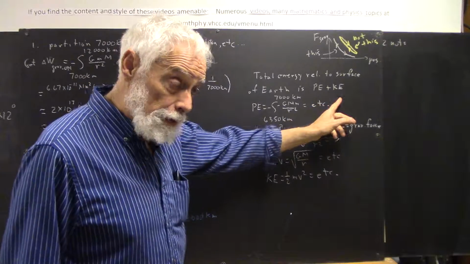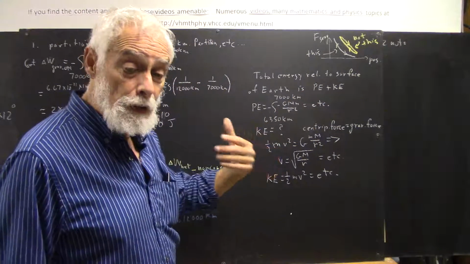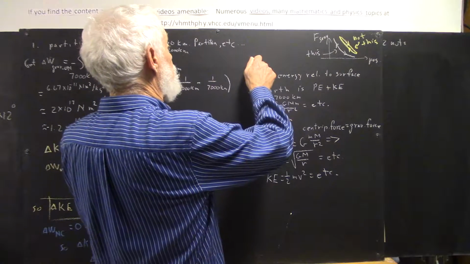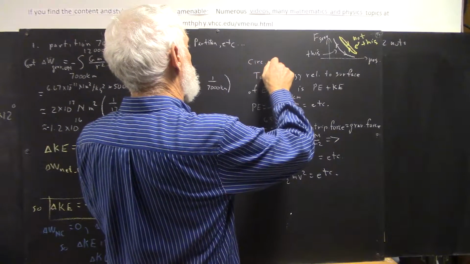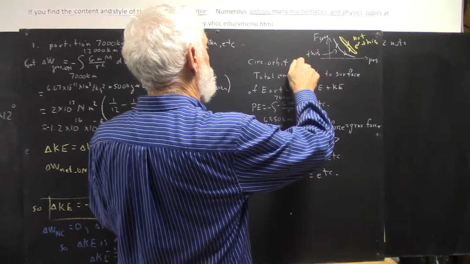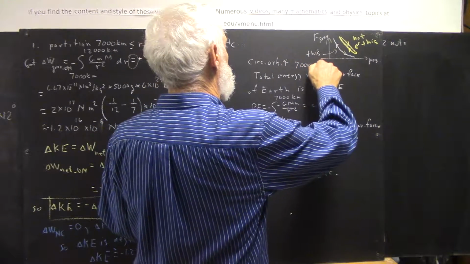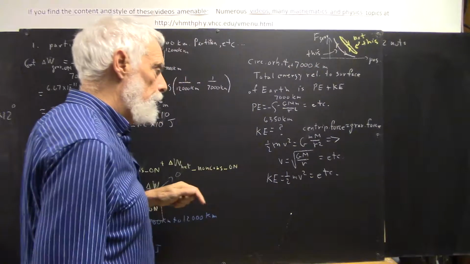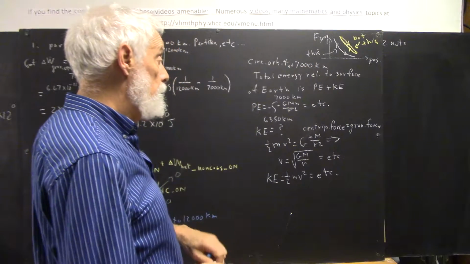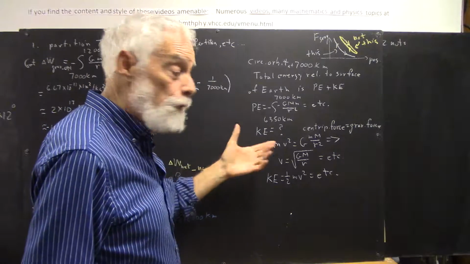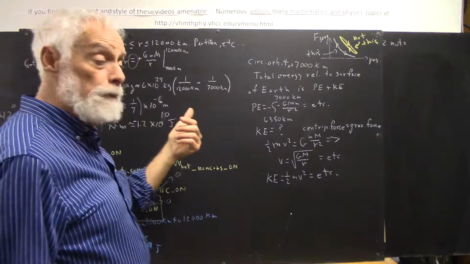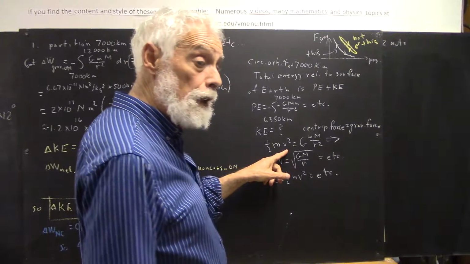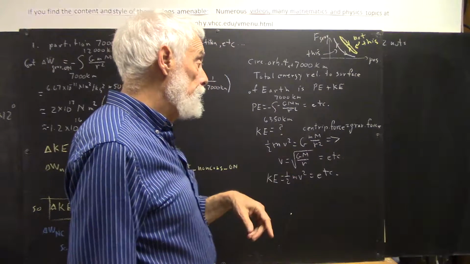We want the kinetic energy in a circular orbit at 7,000 kilometers. Okay, so how do we get the kinetic energy? Well, if we've got the mass of the satellite, we calculate the kinetic energy by first finding the velocity. How do we find the velocity?